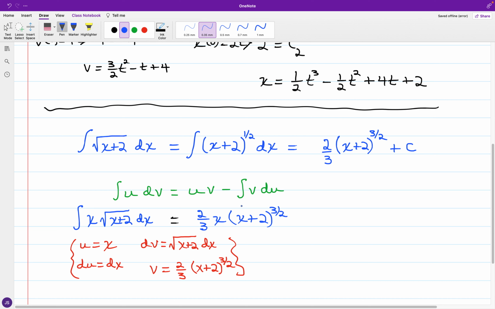And for the negative of the integral of v du, we have minus, and to make things a little simpler, I'll take the 2/3 outside the integrand. So we have minus 2/3 of the integral of x plus 2 to the 3 halves dx.